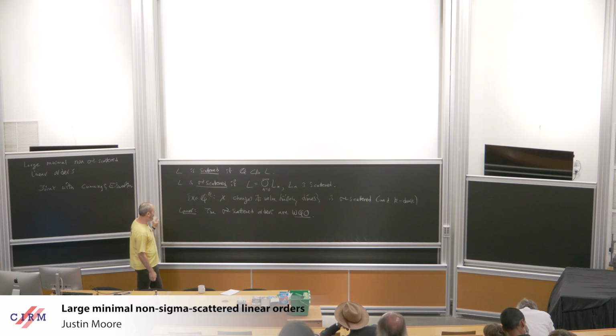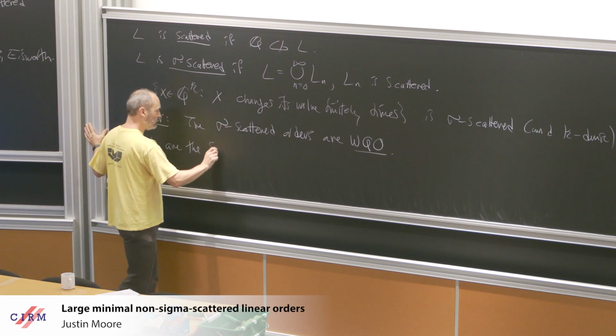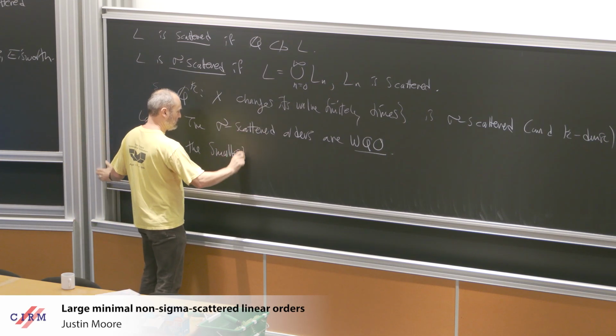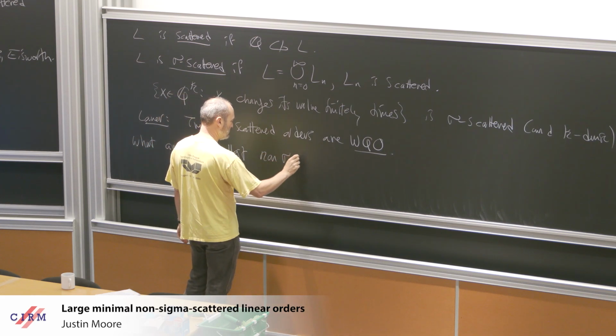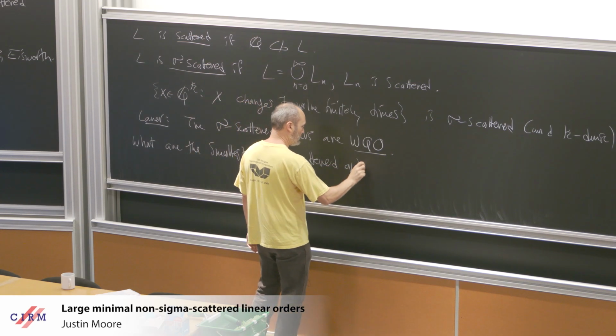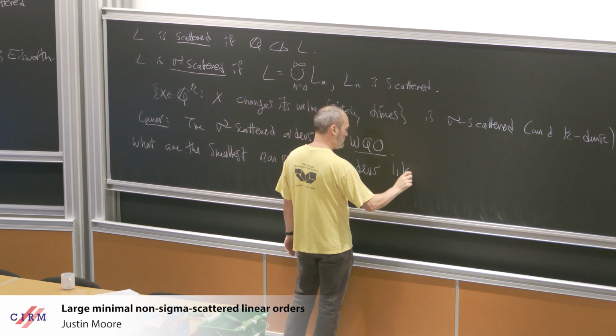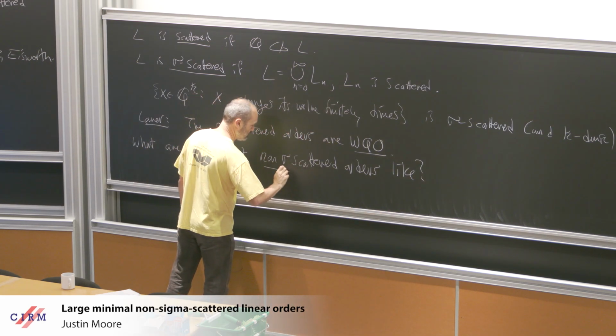So it's reasonable to ask, what are the smallest non-sigma scattered orders? Or what can be said about them?